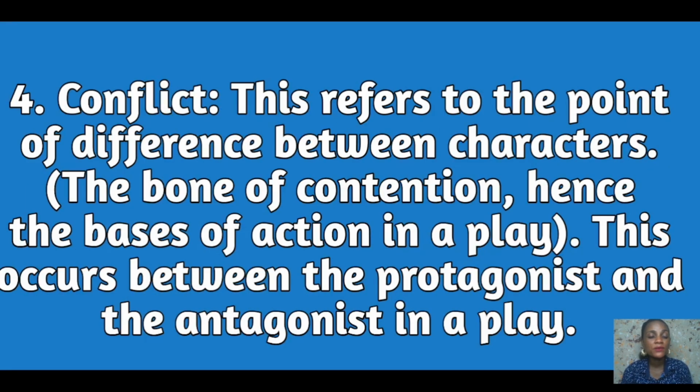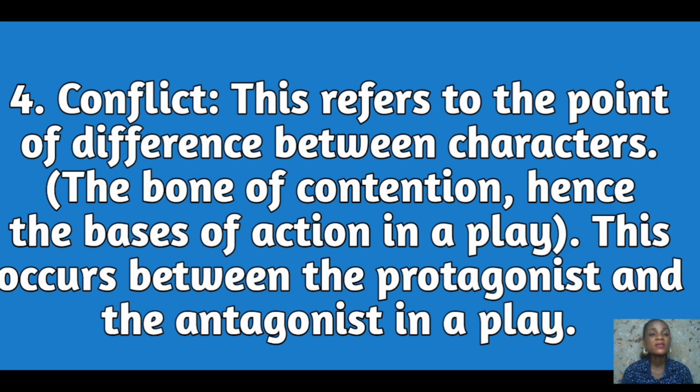The next element of drama we'll be looking at is conflict. This refers to the point of difference between characters, the bone of contention, hence the basis of action in a play. This occurs between the protagonist and the antagonist in a play. When we say protagonist, what do we mean? The hero in the play. And when we say antagonist, what do we mean? The villain opposing the protagonist.